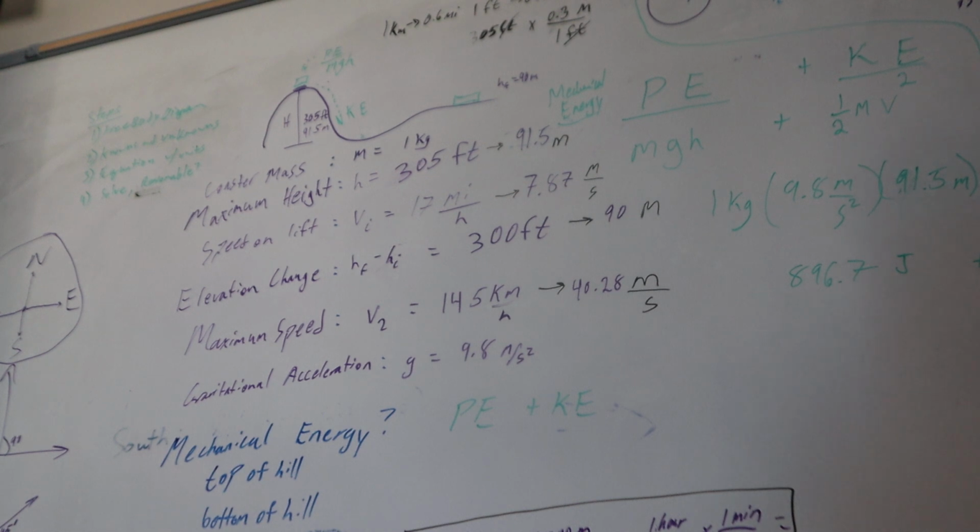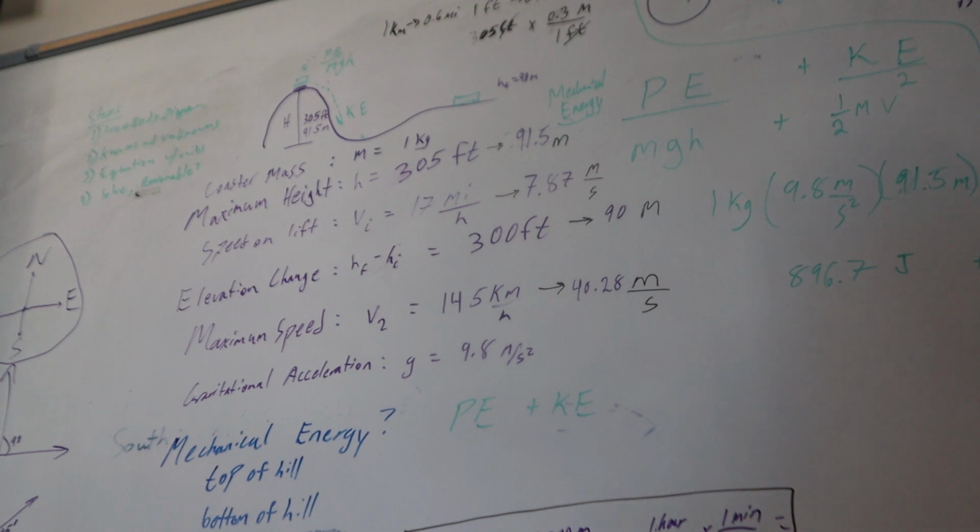The parentheses would be 1 times 7.87, but then the exponent is really important, so 7.87 squared. I get 61.93. Got the same thing. Good.